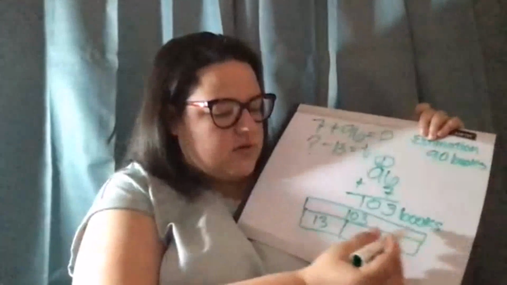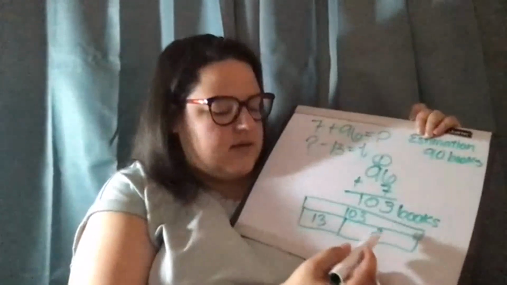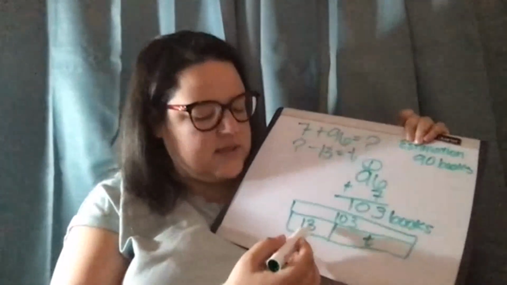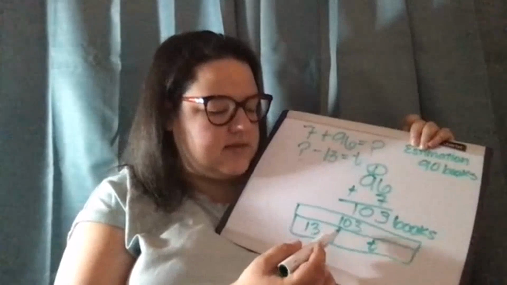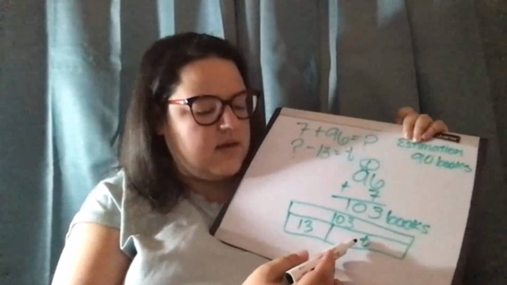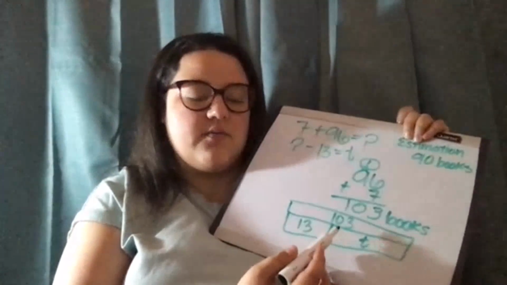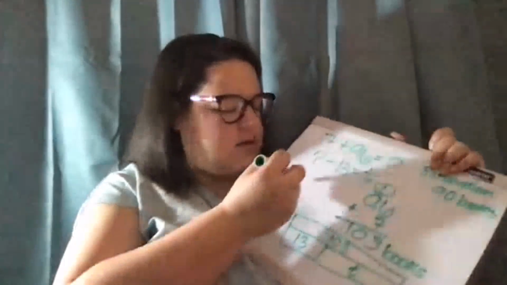I have a total of 103. I have my 13 here. That's what I'm going to subtract. And then I have my t, which is my unknown. That's going to be our answer.